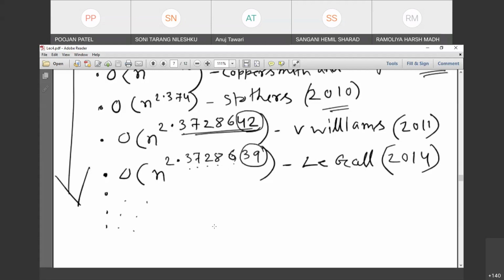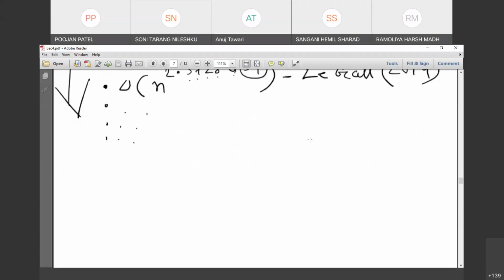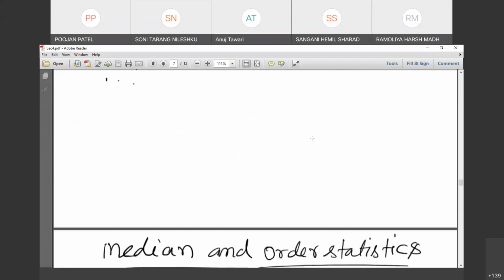So generally, what we do is try to use that better algorithm to design better algorithms for certain other problems. Then we say that we don't believe this, so we don't believe that this particular bound is achievable.